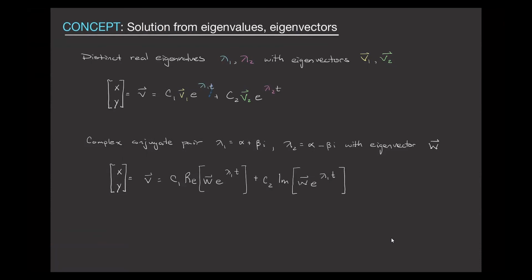In pairs, lambda 1 goes with v1, lambda 2 goes with v2. They always go together in the same form: it's always the vector times e to the eigenvalue times t. So this is how we're going to assemble.